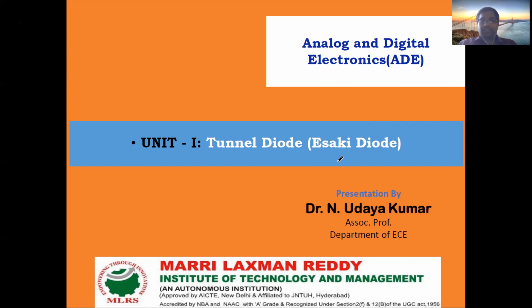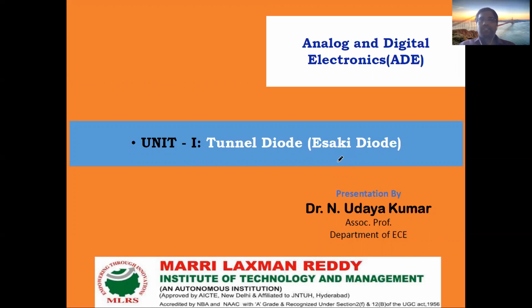Semiconductor devices are of two types. One is intrinsic semiconductors and the other is extrinsic semiconductors. Intrinsic semiconductors are nothing but pure semiconductors, whereas extrinsic semiconductors are impure semiconductors. When impurities are added to pure semiconductors, we call it an impure or extrinsic semiconductor.